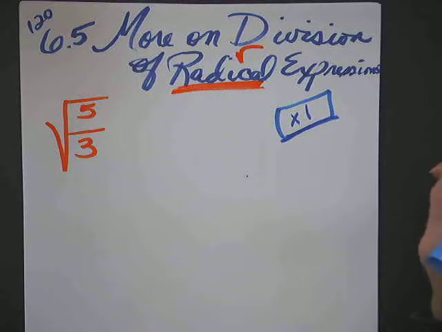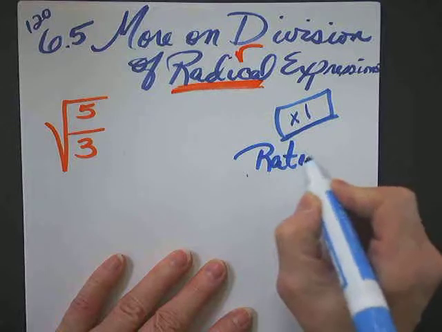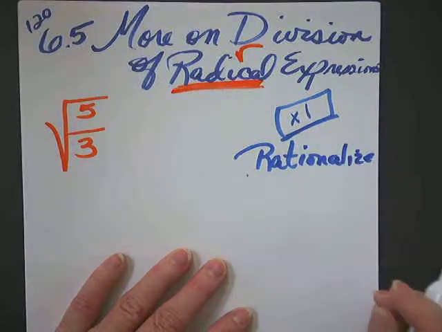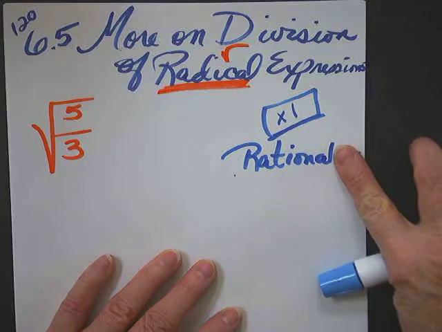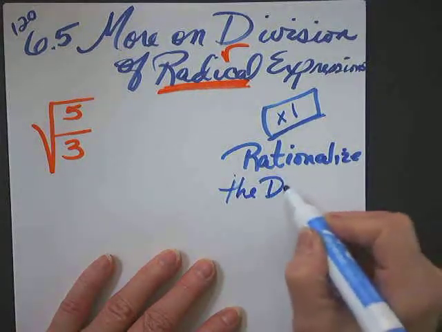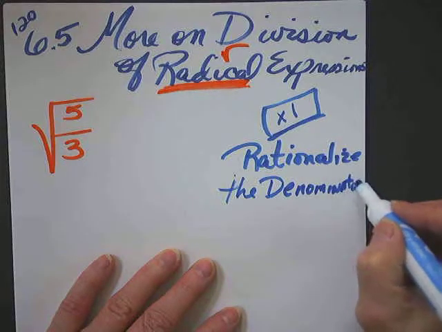What we need to do is what they call rationalizing the denominator. Let me write that down. Rationalize the denominator.